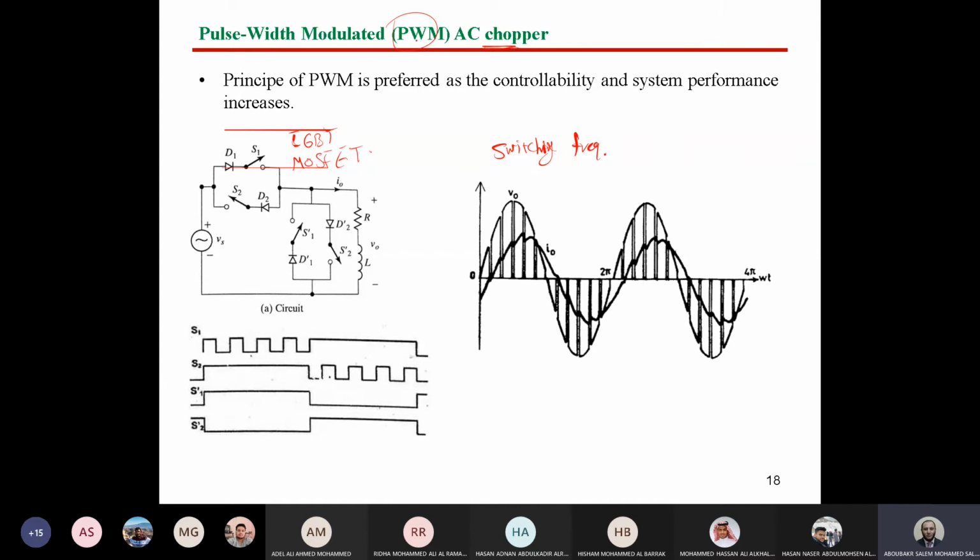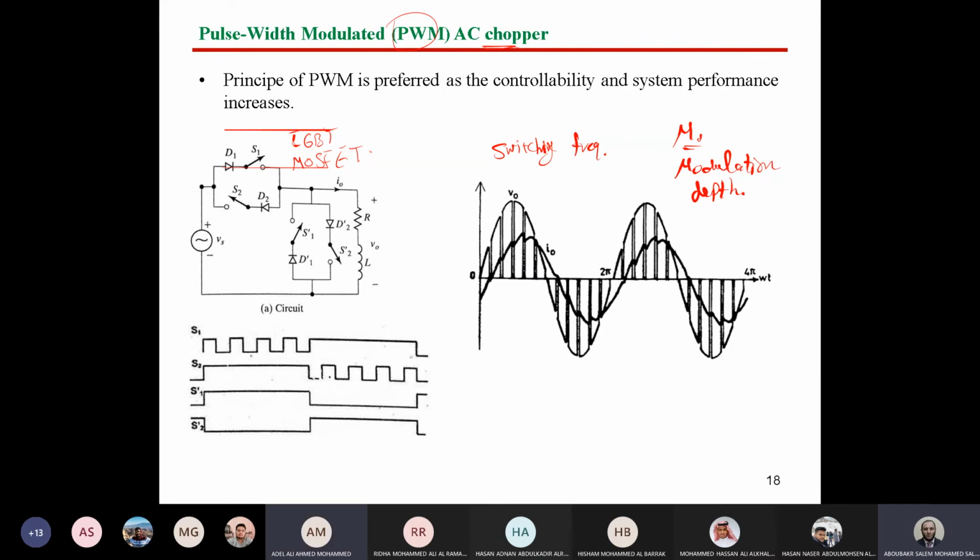There is a factor called the modulation index, or modulation depth. If you control its value, it is reflected in the width of the pulse, which makes wider pulses, and the RMS will be higher. So you can control the value of RMS in this way.